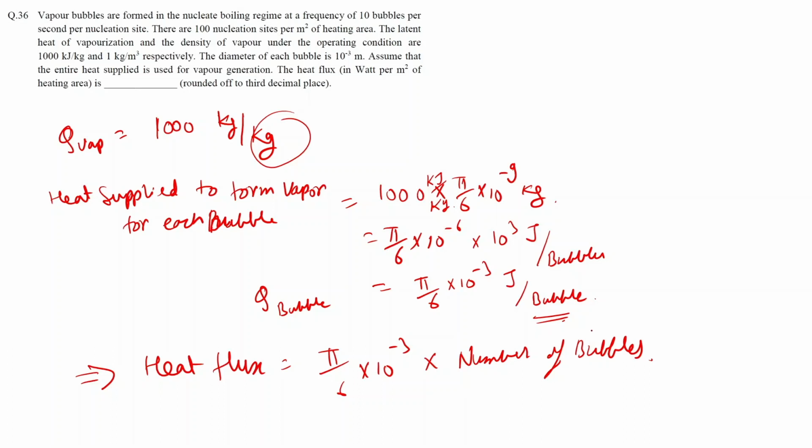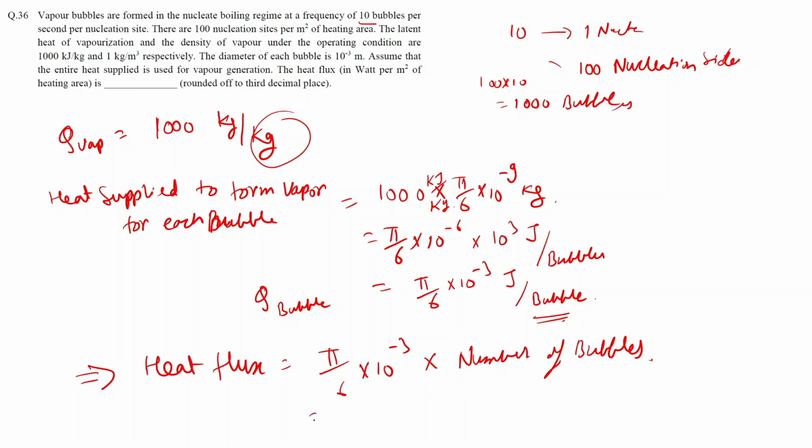So we are having 10 bubbles per nucleation site, 10 bubbles for one nucleation site, and we are having total 100 nucleation sites. So for these 100 nucleation sites, we will be having 100 into 10, that is total 1000 bubbles.